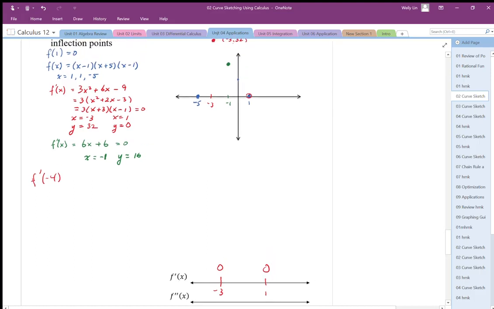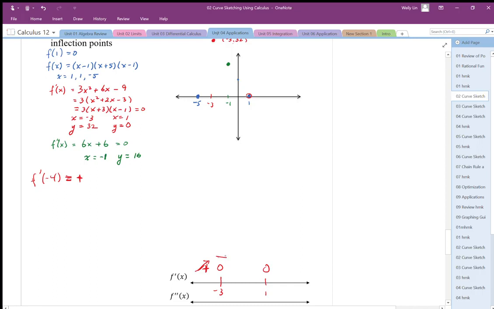If I plug it into that equation, I get positive 48 minus whatever it's going to be. I know it's going to be positive slope going through there. So when I plug in the negative value in here, I'm going to get my f prime being positive, so I know it's going up.